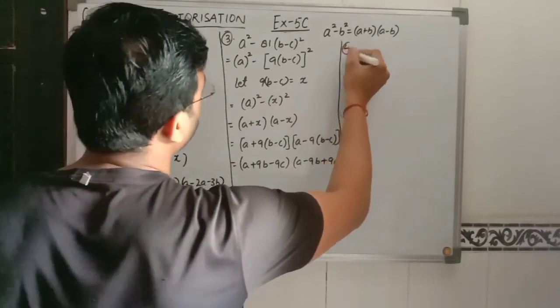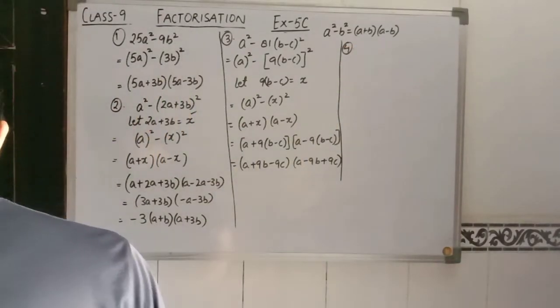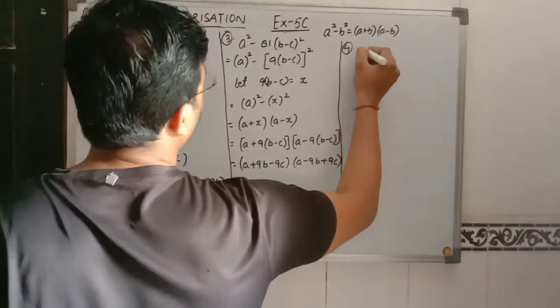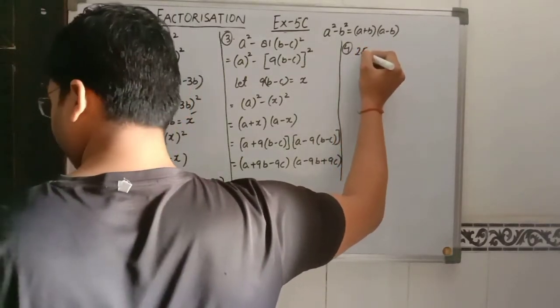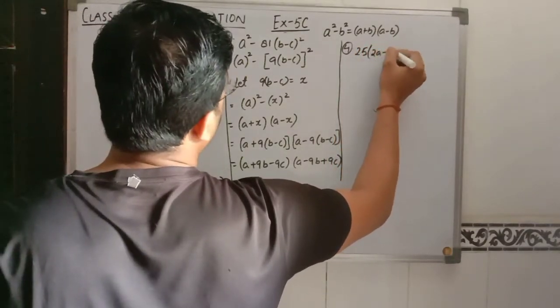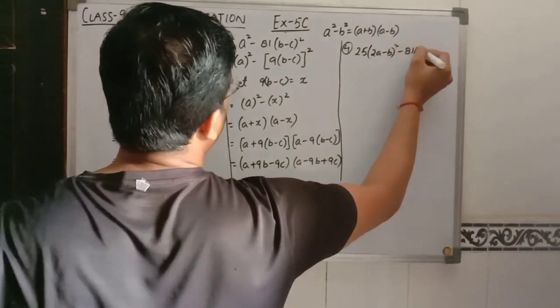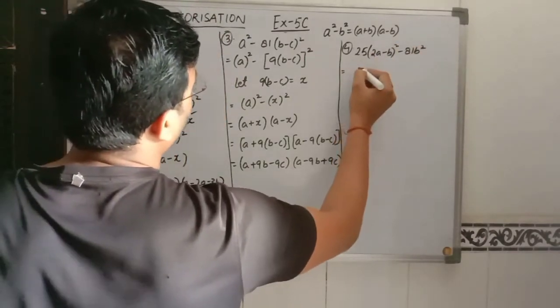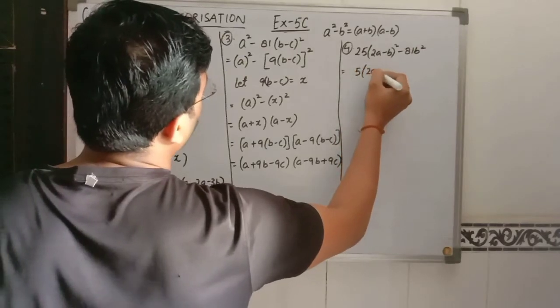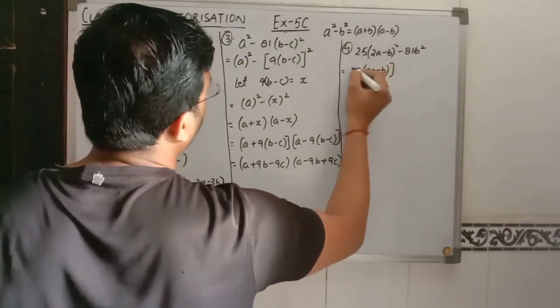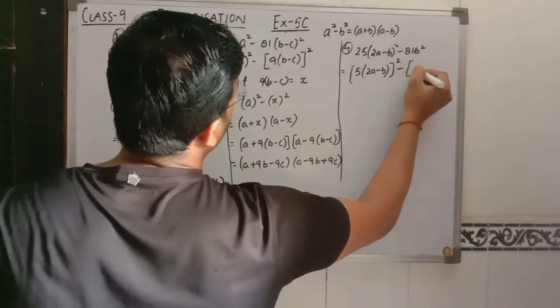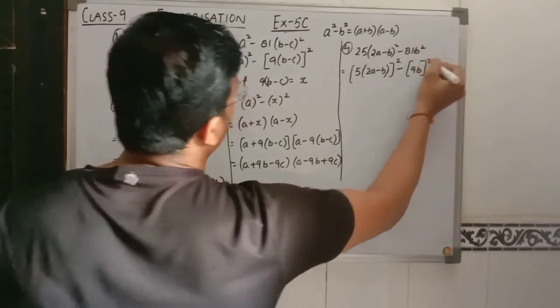Now we are coming to question number 4: 25 (2a minus b) whole square minus 81b square. The first term can be written as (5(2a minus b)) whole square and 81b square can be written as (9b) whole square.